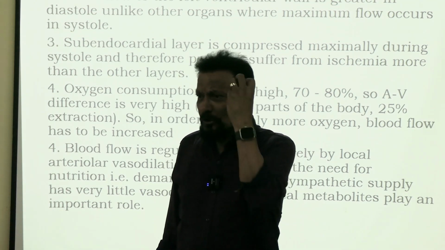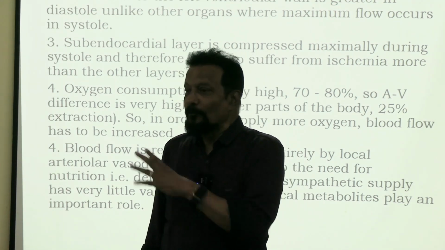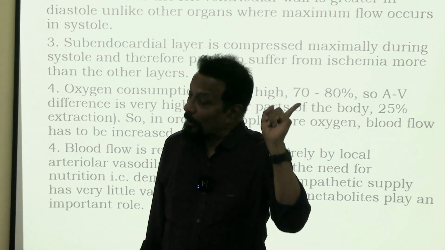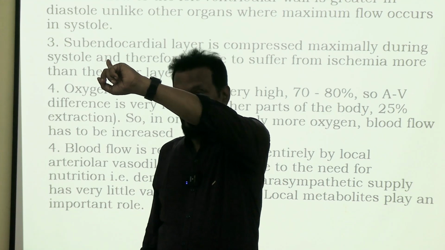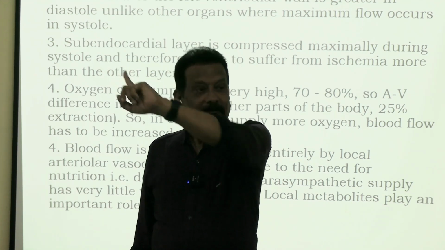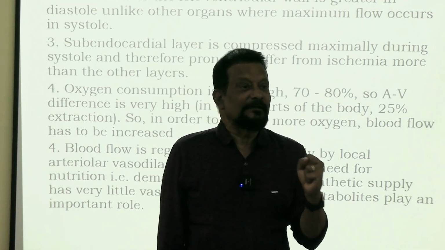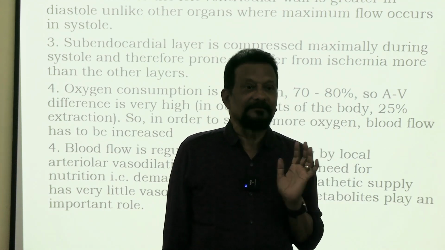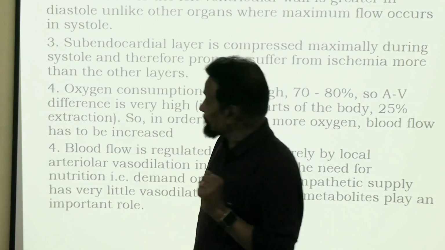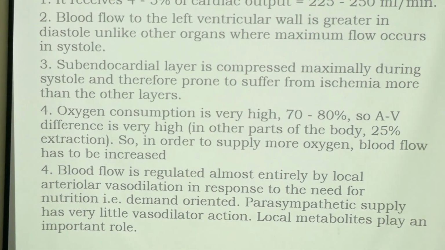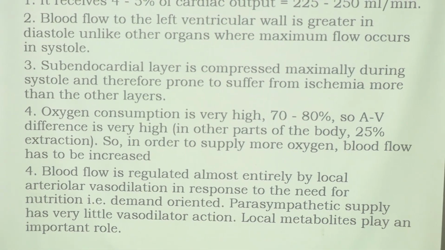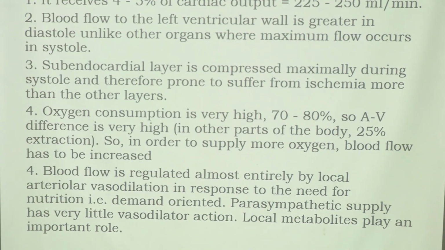Because our heart works continuously without any pause, from when it started until we die. That's why its activity is different from our other tissues and cells. So it receives 4 to 5% of the cardiac output, which is 225 to 250 ml per minute. So you understood that point?